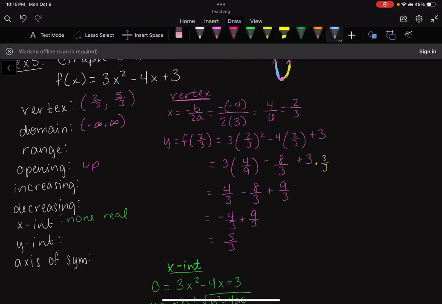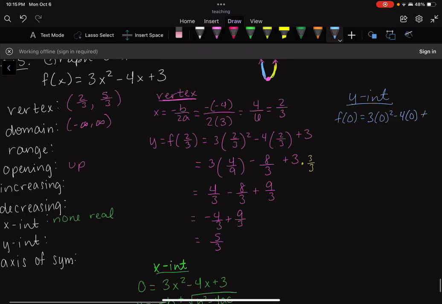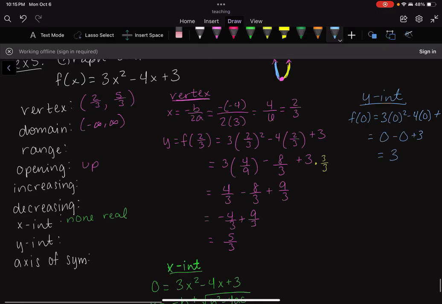For my y-intercept, I'll do that up here. My y-intercept happens when my x equals 0, so I'm just going to plug 0 in here. For this, I just get 3. So this is the point (0, 3).